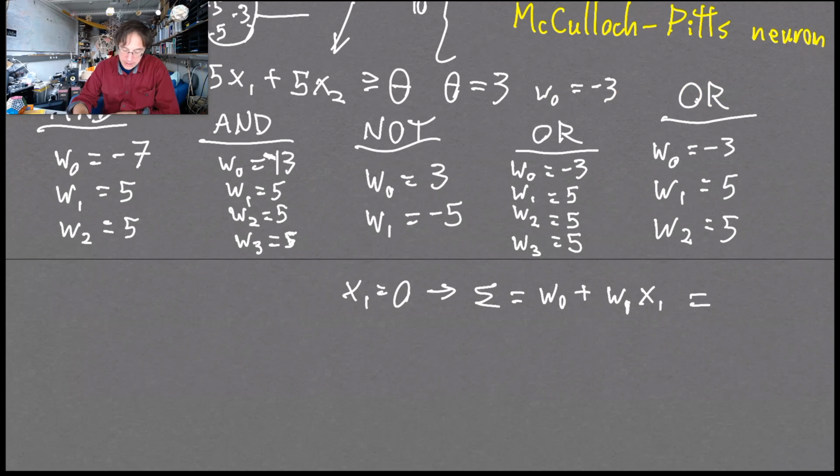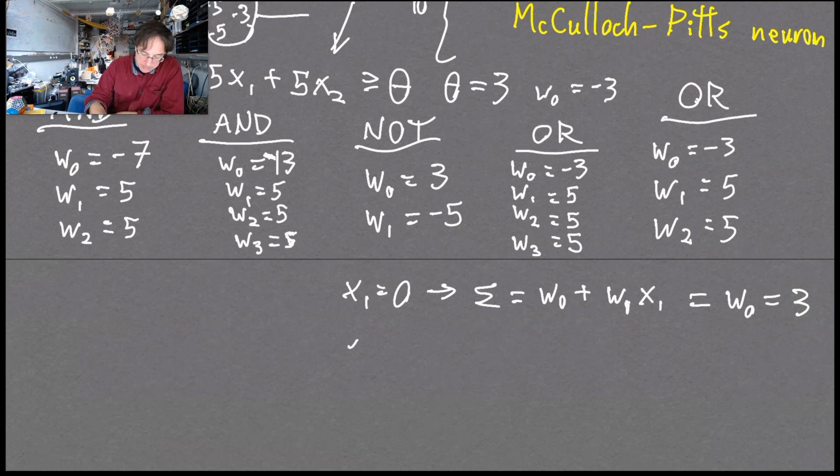If x1 equals 0, then this is w0, which in our case is 3. And 3 is above 0, so the output is going to be 1.